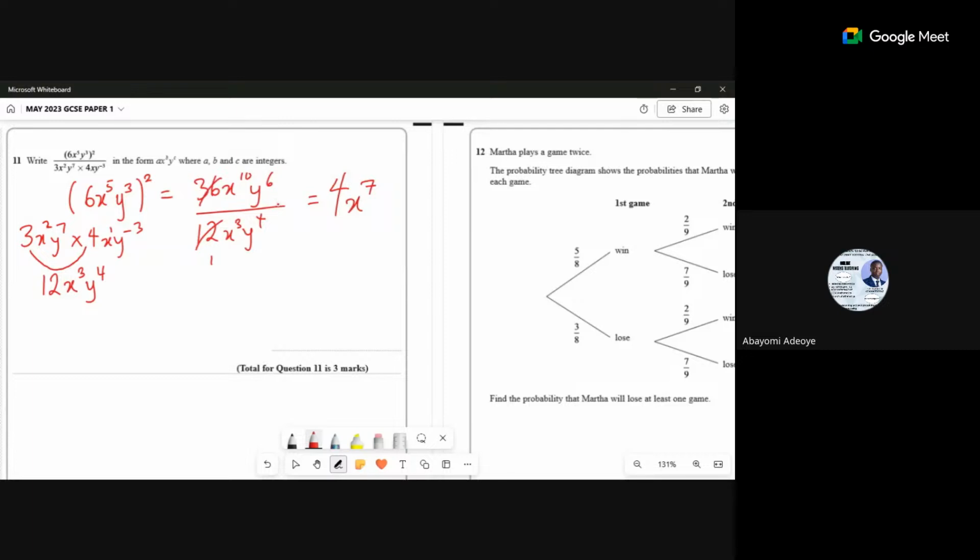Sorry, this is 3, not 4. Oh yeah. So y to the power 2. So we have 3x to the power 7, y to the power 2. Is that okay? Yeah. All right.